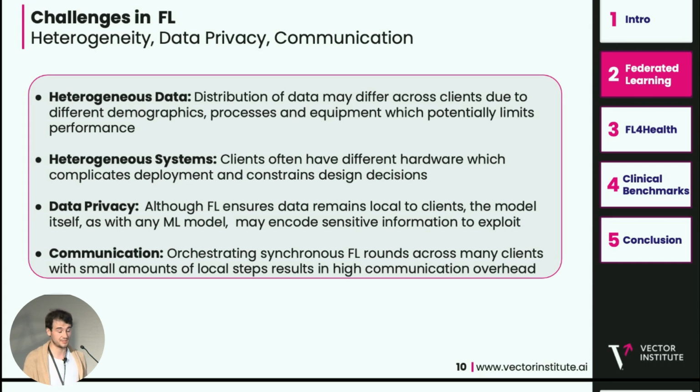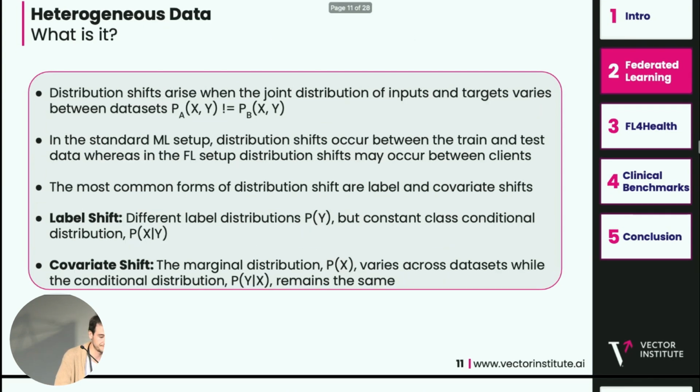So it can constrain the types of architectures we can train. There's data privacy. Like I mentioned before, federated learning is going to give us a basic level of privacy with the data locality, but we still have to have other considerations. And then lastly, communication. Like I mentioned, communication is a bottleneck in federated learning.